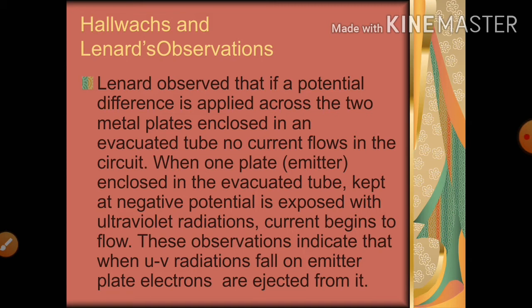When one plate, the emitter, enclosed in the evacuated tube and kept at negative potential is exposed to ultraviolet radiation, current begins to flow. These observations indicate that when UV radiation falls on an emitter plate, electrons are ejected from it.